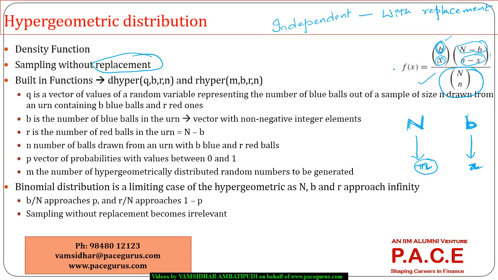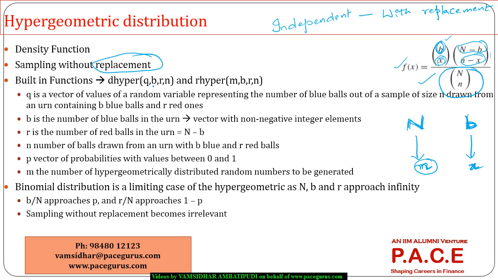That is the reason the probability density function for a hypergeometric distribution is built from b choose x, where b is the number of successes in the original data, x is the number of successes that I want when I am pulling the sample, and capital N is the total population size.